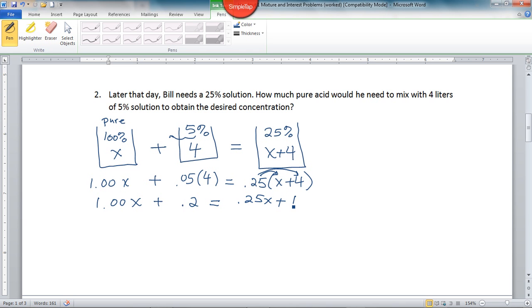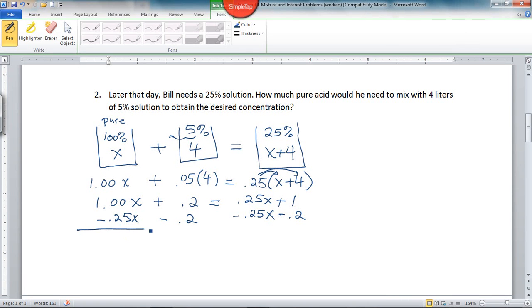All right. Now I get the x's on one side, constants on the other, so I'm going to subtract my 0.25x from both sides, and that's why I left it 1.00. Those line up nicely. And I'm going to subtract 0.2.